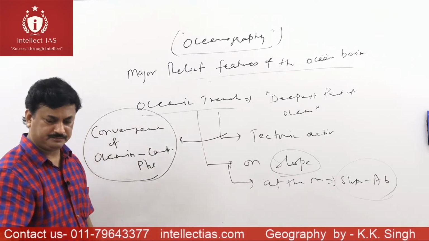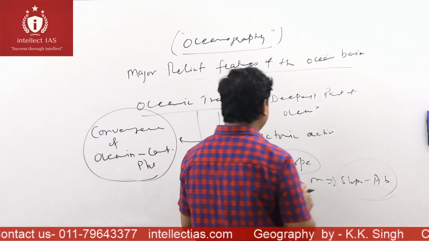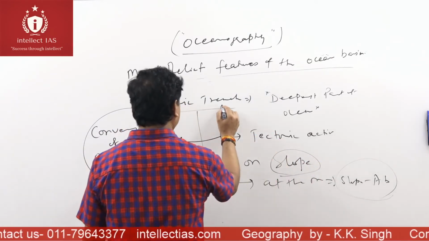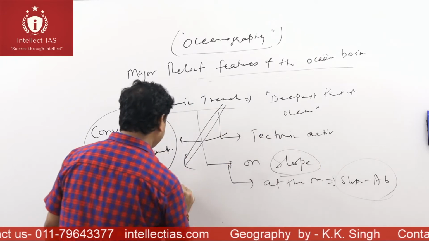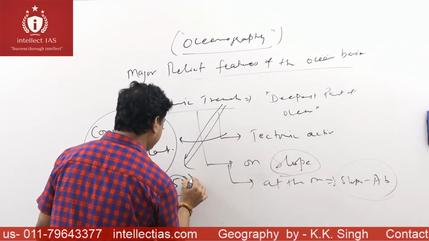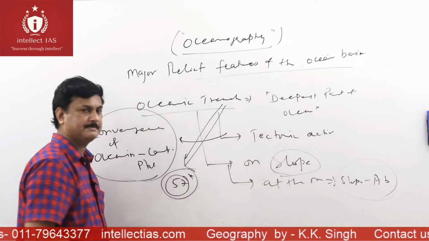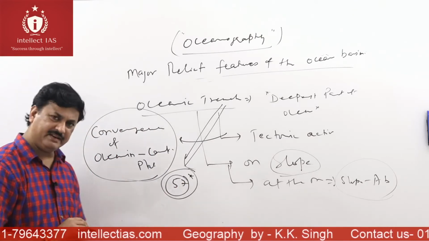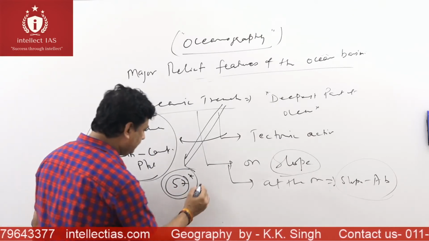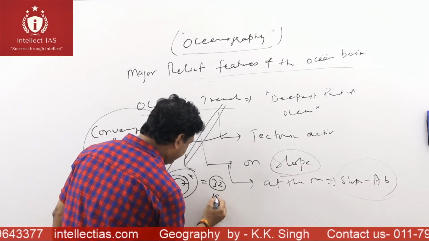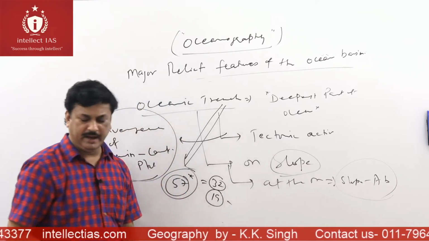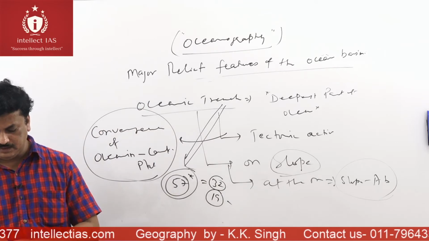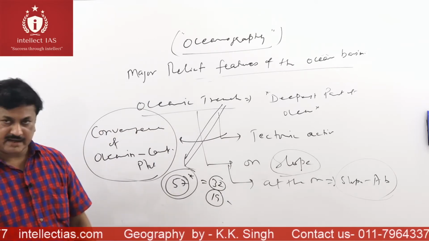Till date we have discovered 57 trenches. Out of these 57 trenches, 32 are in the Pacific Ocean, 19 in the Atlantic Ocean, and only 6 are in the Indian Ocean.